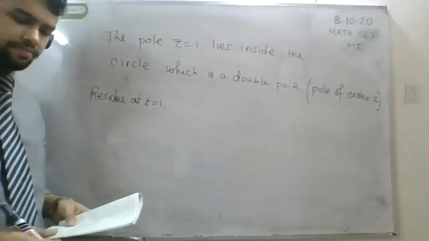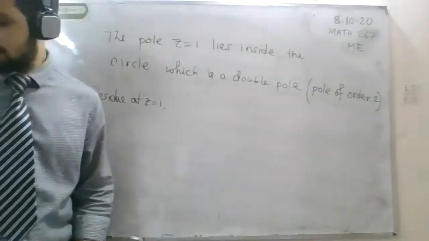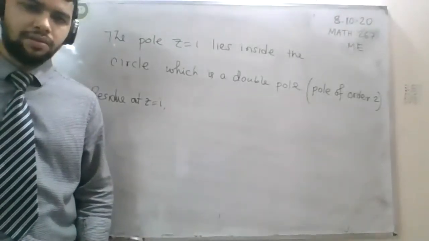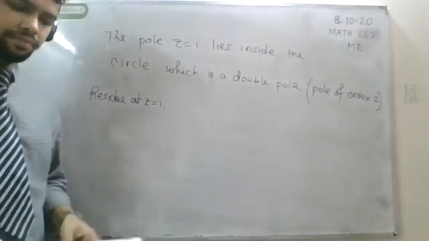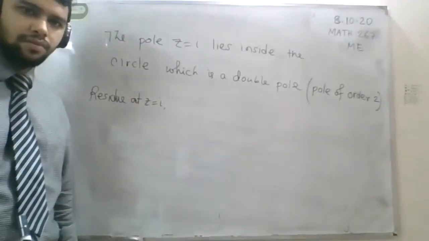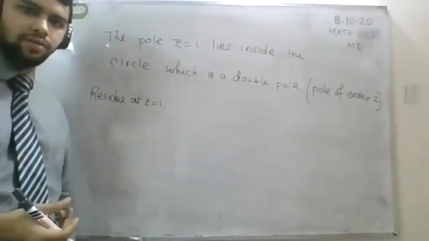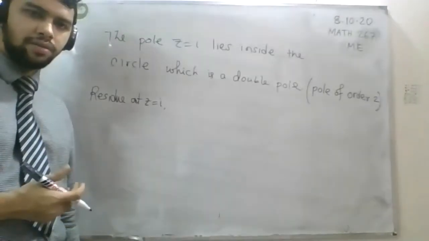Do you remember the formula in double pole? Okay, tell me the residue at z equals i for a simple pole.